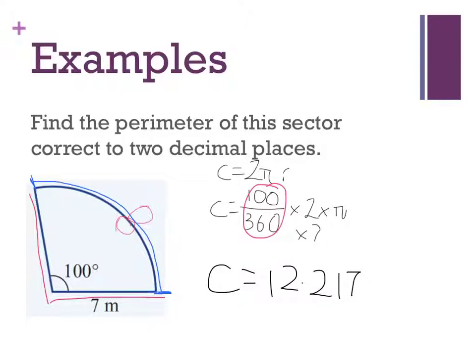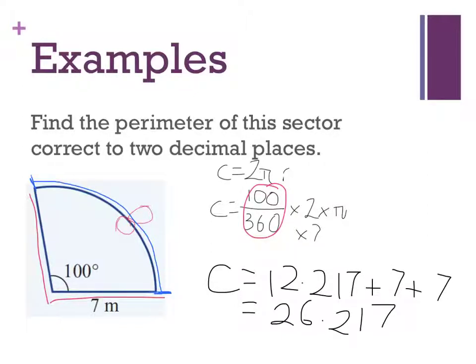So if that is 12.217, I need the whole perimeter of the shape. I'm going to have to add another 7 for one radius and 7 for the other radius. When I do that, I come up with an answer of 26.217.